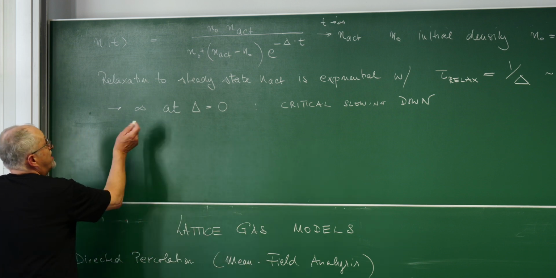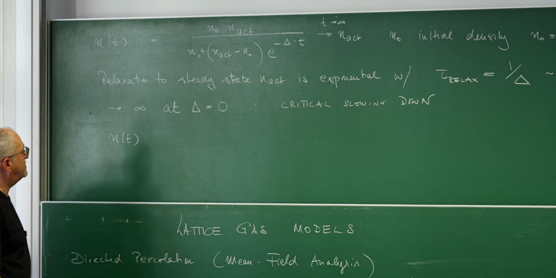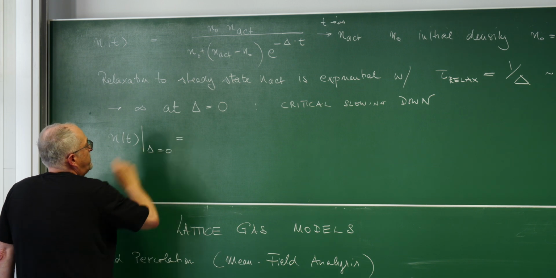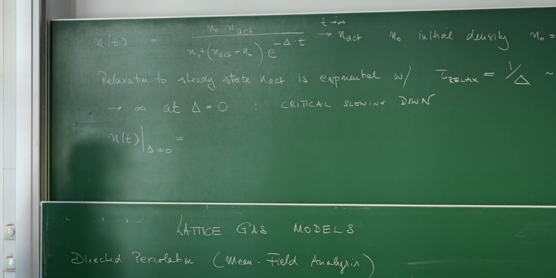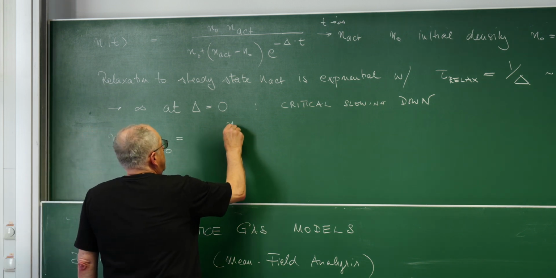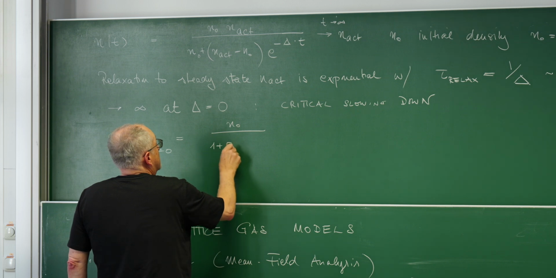You can also check what happens at this point. So at delta equal to 0, you can solve the equation also exactly. It's not harder than the other one. And what you find is then that the relaxation is like so.